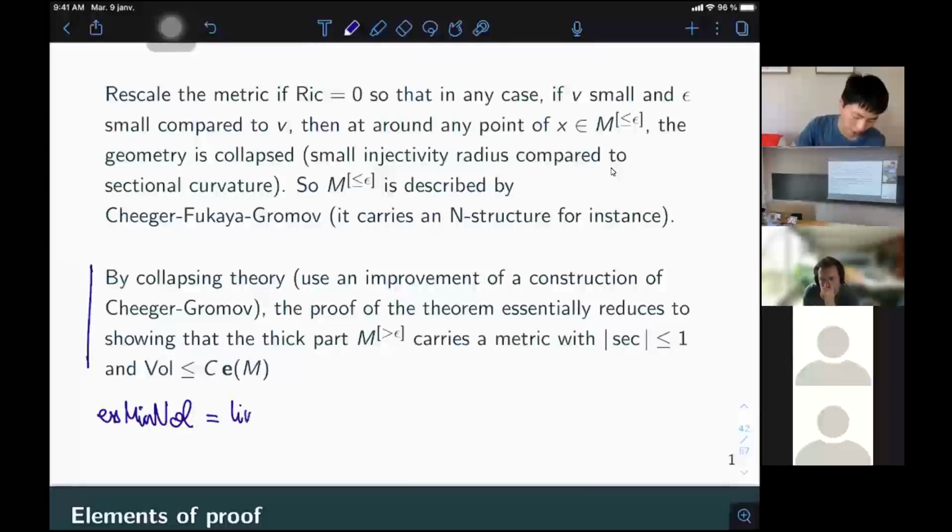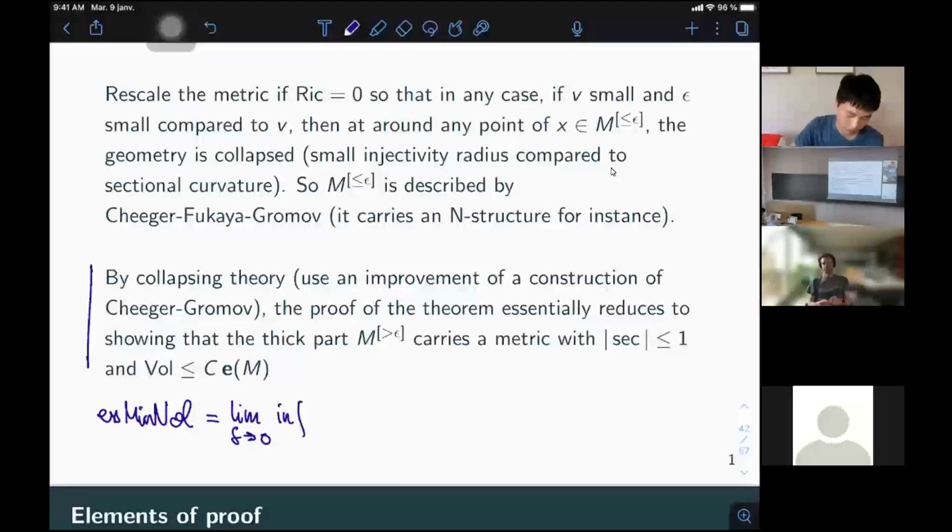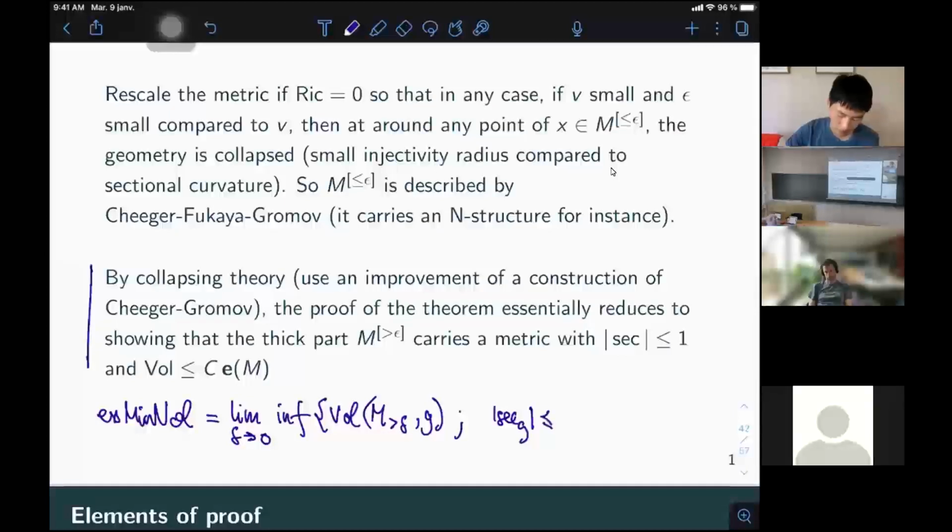A priori, you need to know something about the volume of the delta-thick part for any delta going to zero.